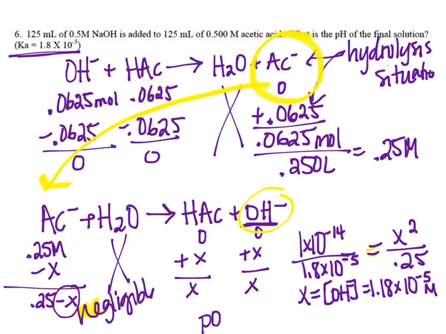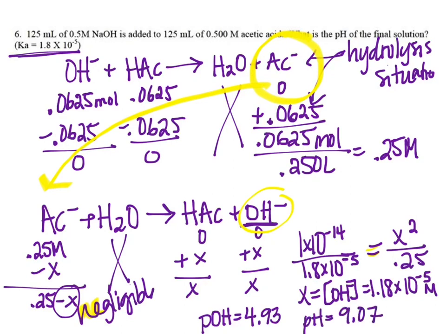So plug that in to find pOH, which I get is 4.92. And I get my pH, or 3, sorry, and I get my pH as 9.07.